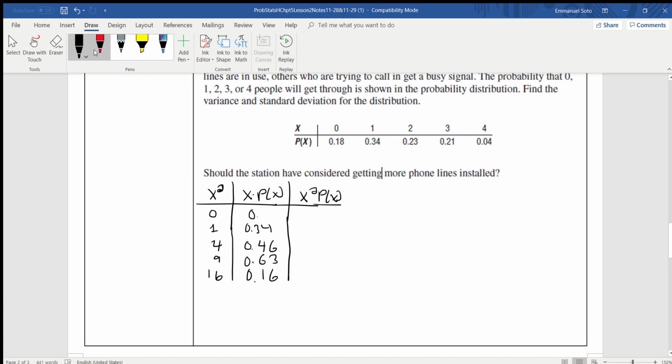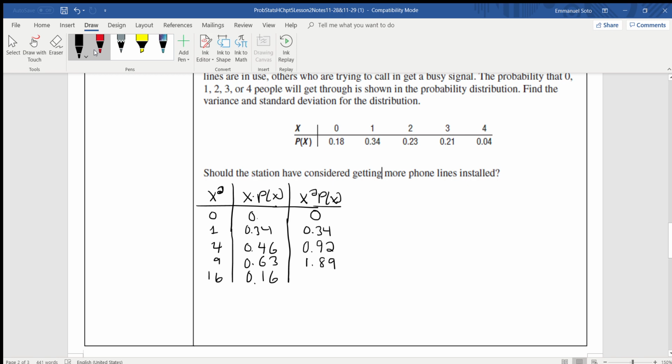X squared times P of X, so we're going to multiply X squared with the probability. So this is going to be 0. 1 times 0.34 is 0.34. 4 times 0.23, that's going to be 0.92. 9 times 0.21 is going to be 1.89. 16 times 0.04.